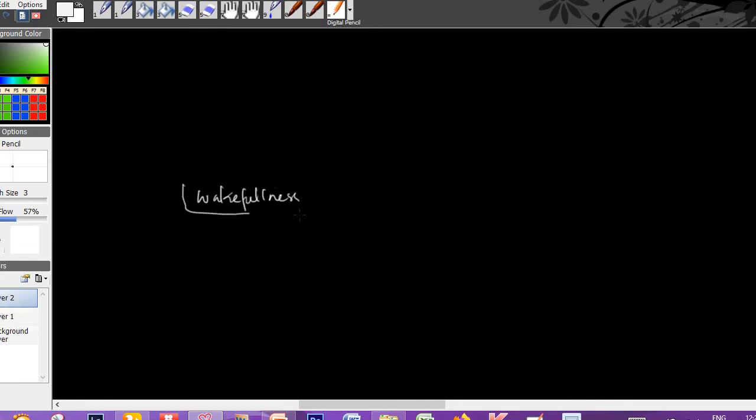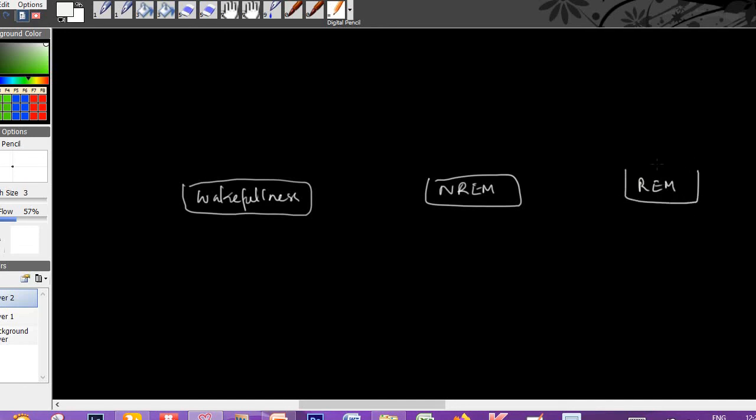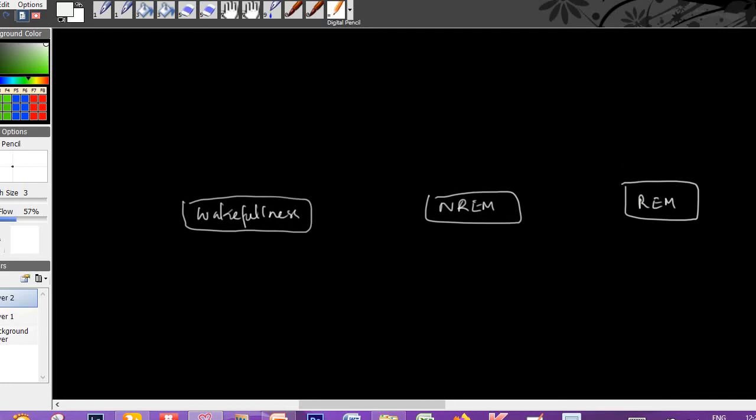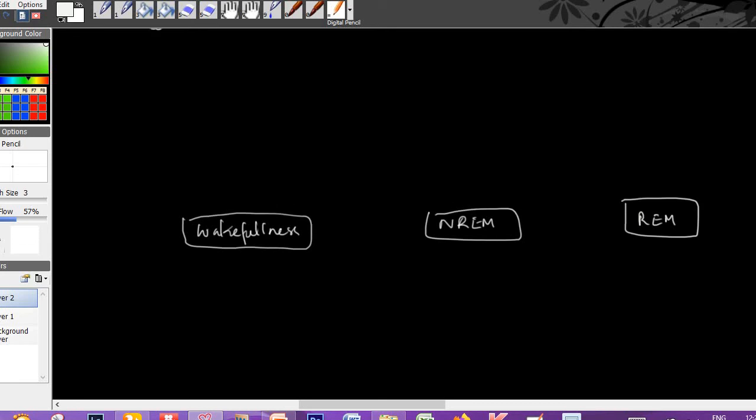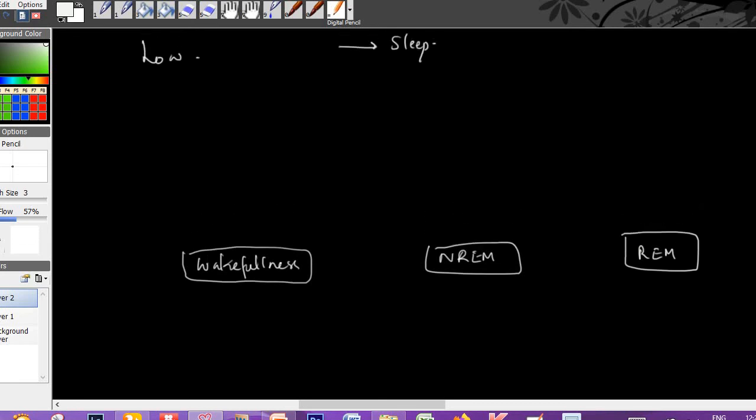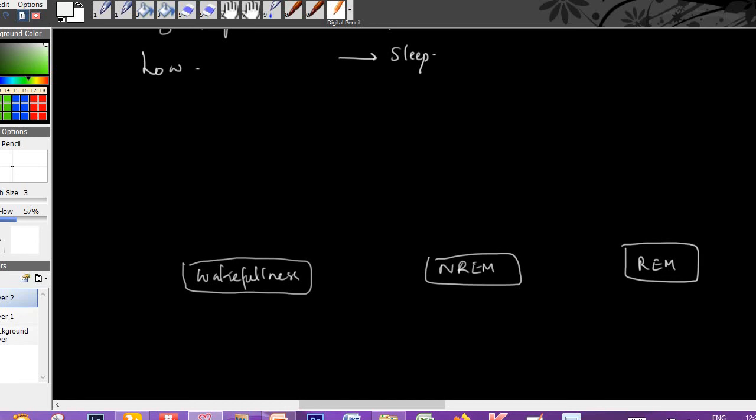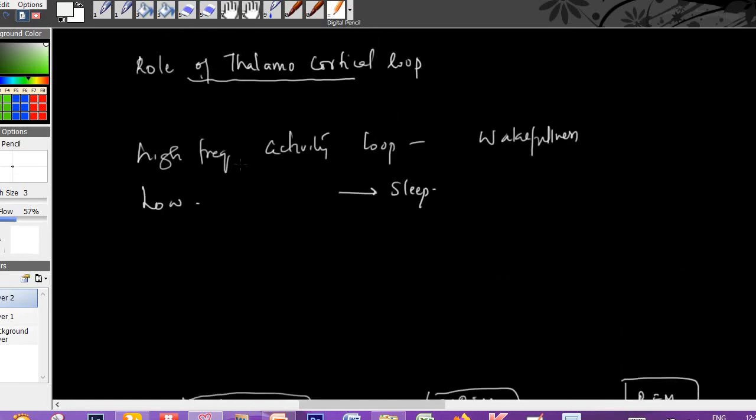We have NREM sleep here in the flow chart, and here we have REM sleep. We are going to discuss all the components which influence wakefulness, REM and NREM sleep.